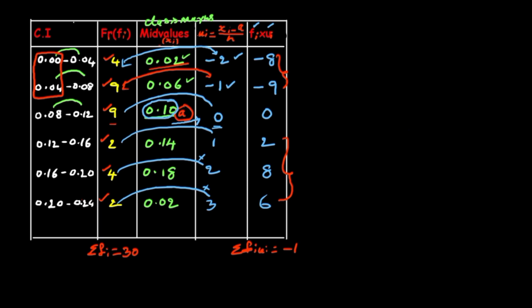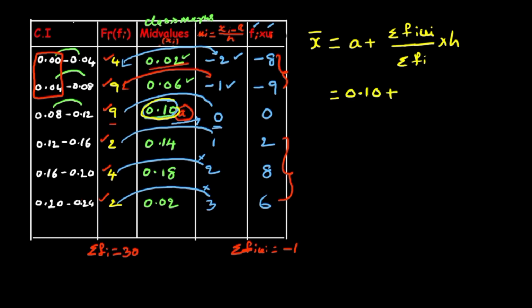So next, what do we do now? The formula. What is the formula to find the arithmetic mean? That is x bar is equal to a plus sigma fi ui by sigma fi, into h. What is a? Yes, that is the assumed value, already we have taken 0.10, plus sigma fi ui.